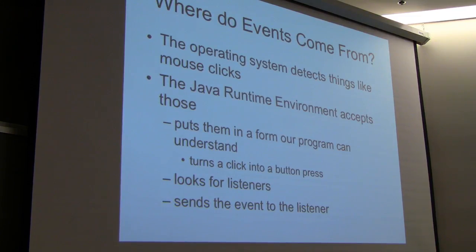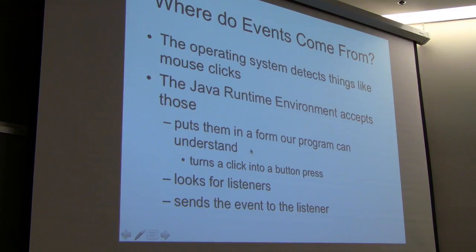All right, so these events are all part of a whole complicated interaction between what the operating system lets us do and what your program wants to do. So for example, the operating system is the one that really is looking at our mouse and the trackpad and trying to figure out what should happen when you move the mouse. But the operating system is willing to communicate those things to Java, because Java is very interested in these when it's running a GUI program.